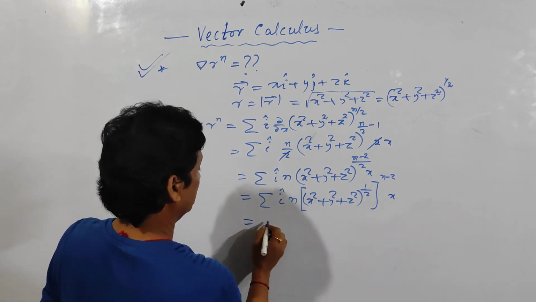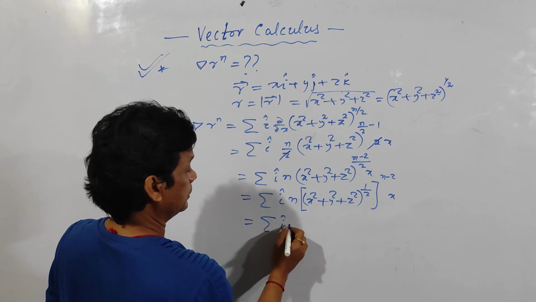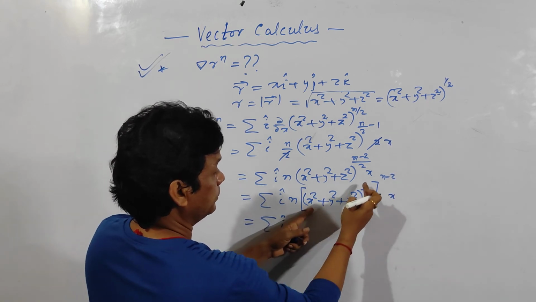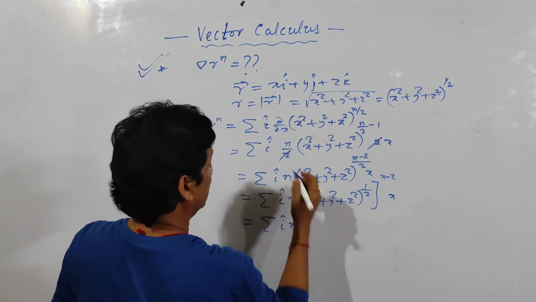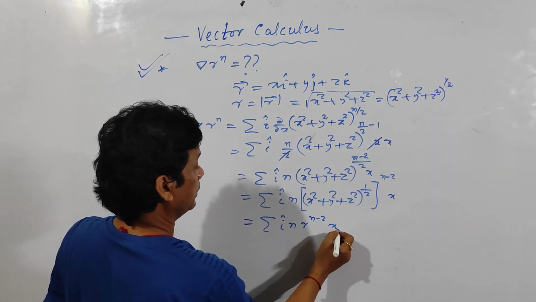So x is there. Summation i cap n into, and this one to the power half, it is r. This one to the power half, it is r to the power n minus 2 into x.